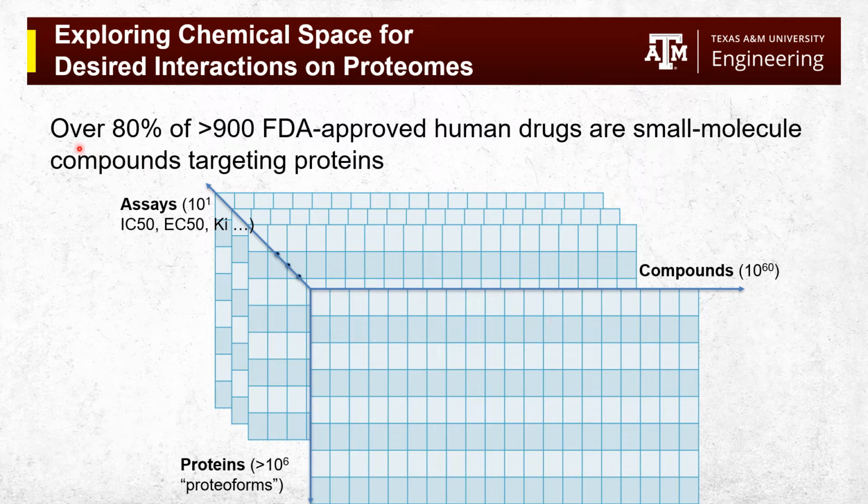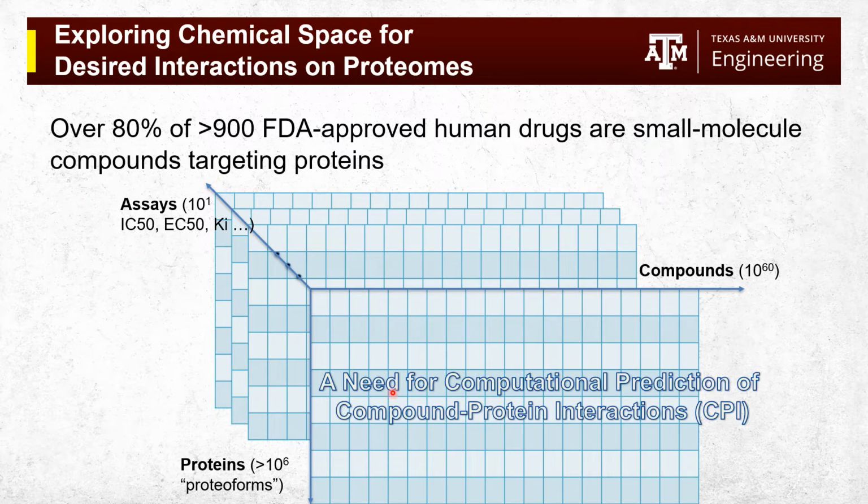Over 80% of the FDA-approved drugs are protein compound interactions, and these spaces are facing a combinatorial explosion, not to mention that we have to make lots of expensive measurements for each protein compound pair. That presents a critical need for computational prediction of compound protein interactions, also known as CPI predictions.